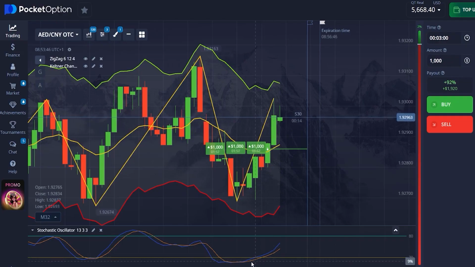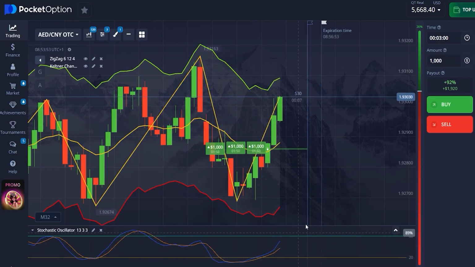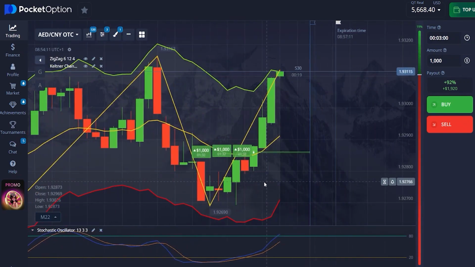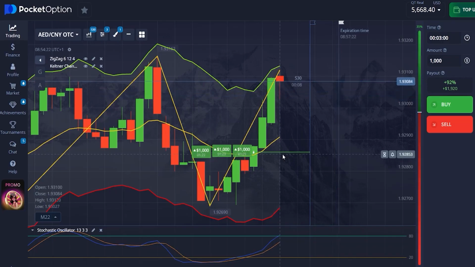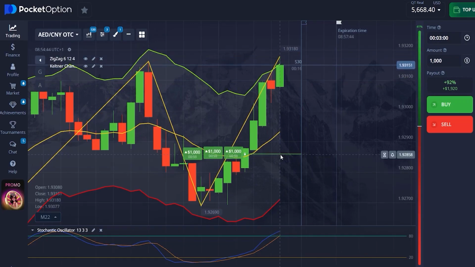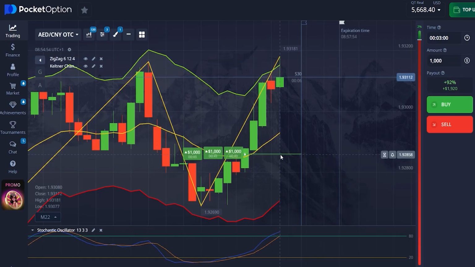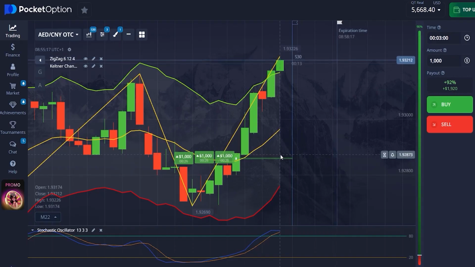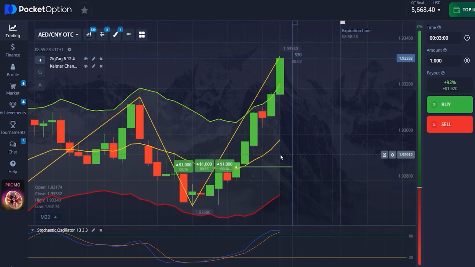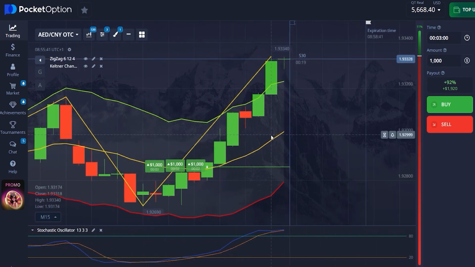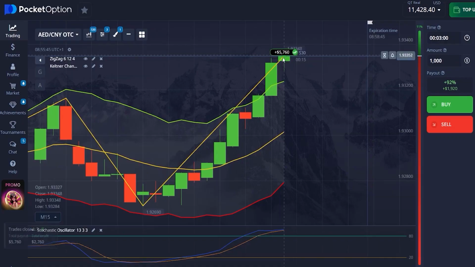So right at this particular level, the Stochastic Oscillator line is moving from the oversold condition and it's giving me an indication of the market going towards an upside direction. And right here, I make my first win.